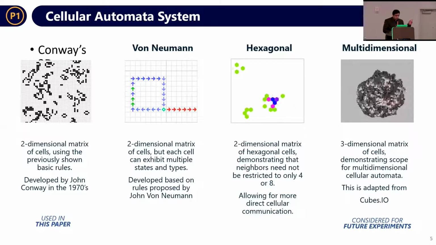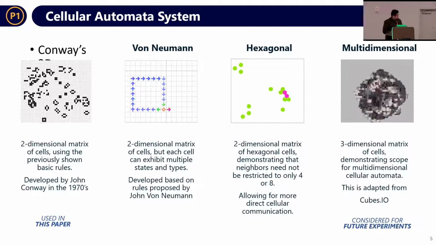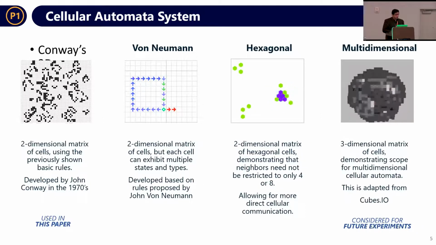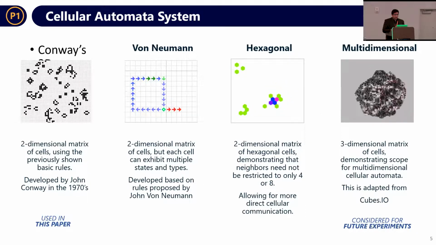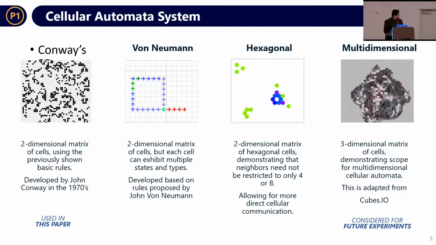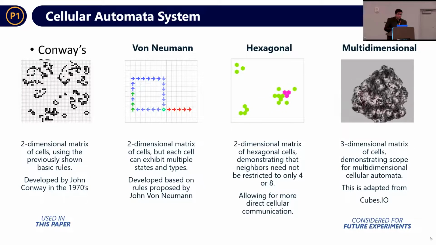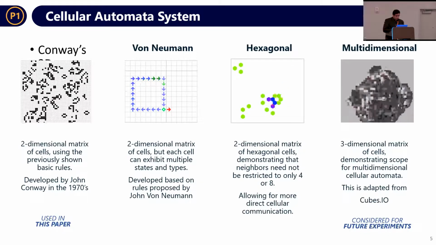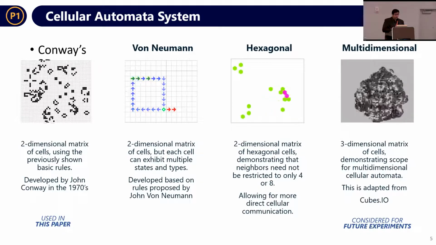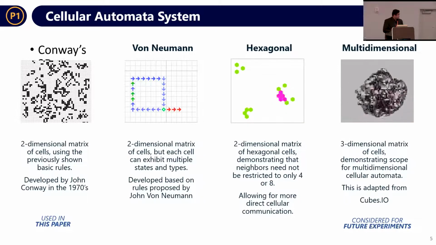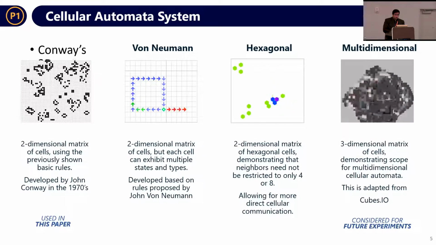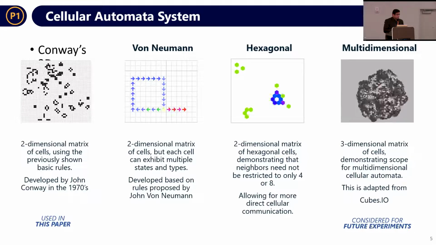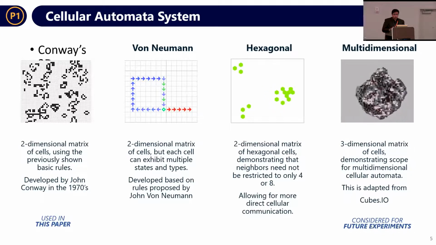A quick look at the different types of cellular automata. There was John Conway's 2-dimensional matrix cellular automata where everyone has 8 neighbors. There's John von Neumann's, which has a hidden state, and that dictates the next state. So it's not only related to its neighbors, it always has a directional state. There can be more dimensions introduced where every cell doesn't have just 8 neighbors.